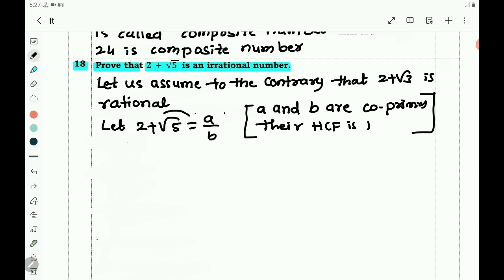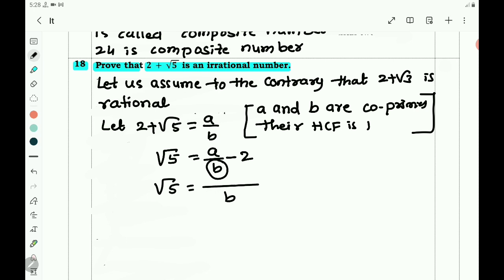Then here you keep root 5 in the LHS and transfer 2 to the RHS. That is root 5 is equal to a by b, transfer this 2 to the RHS. It becomes minus 2. Then root 5 is equal to, here you take the LCM. What is the LCM? b.